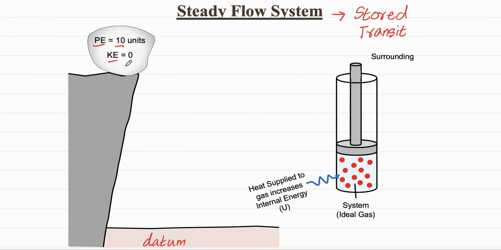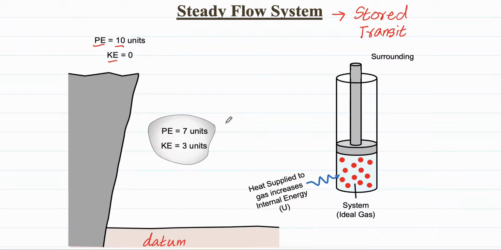Once the rock falls down, somewhere in the middle of the transit, potential energy decreases as the height is decreasing, and the kinetic energy increases because the rock is in motion. So we can say potential energy is possessed by a system because of its height.